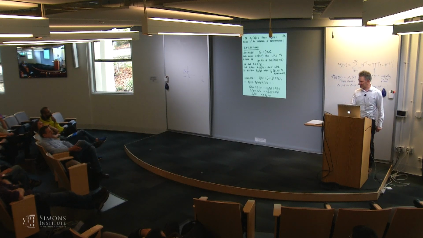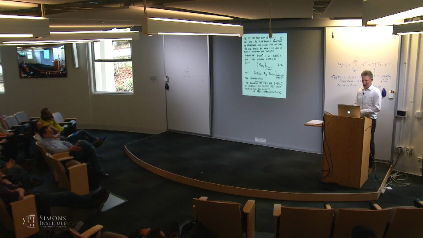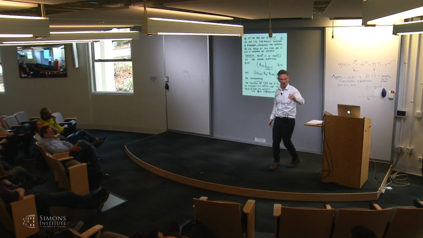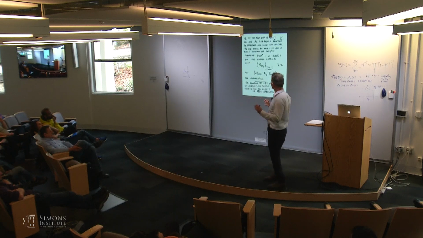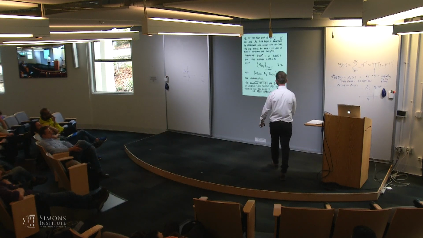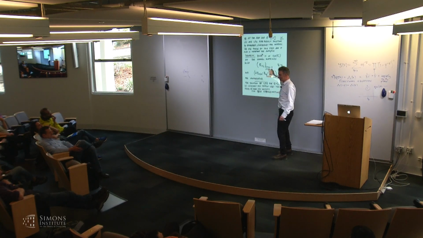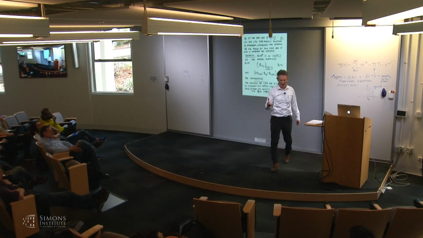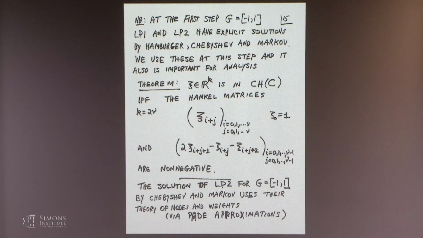Anyway, you all know what the iteration is. And here, at step 1, the question of whether you're in the convex hull has a semi-definite description in terms of making Hankel matrices which should be positive semi-definite. We found this, and of course these guys knew this long before us.